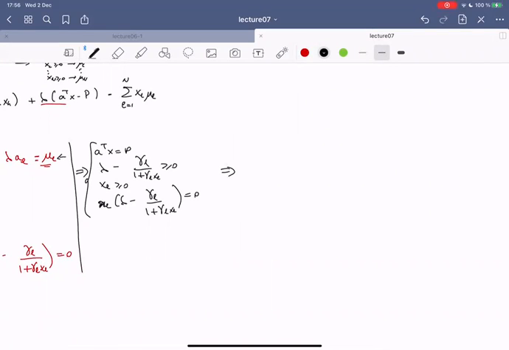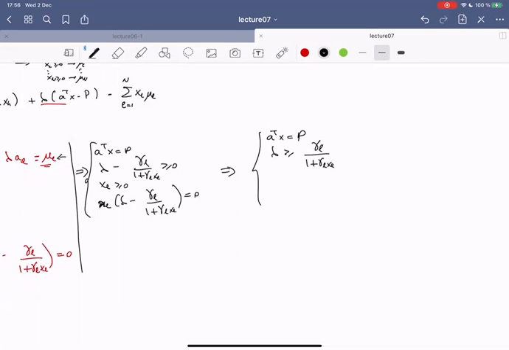Then can we further simplify this? Let's see. From these expressions, I find that A transpose x is equal to P. Lambda is greater or equal than gamma_l over 1 plus gamma_l x_l.